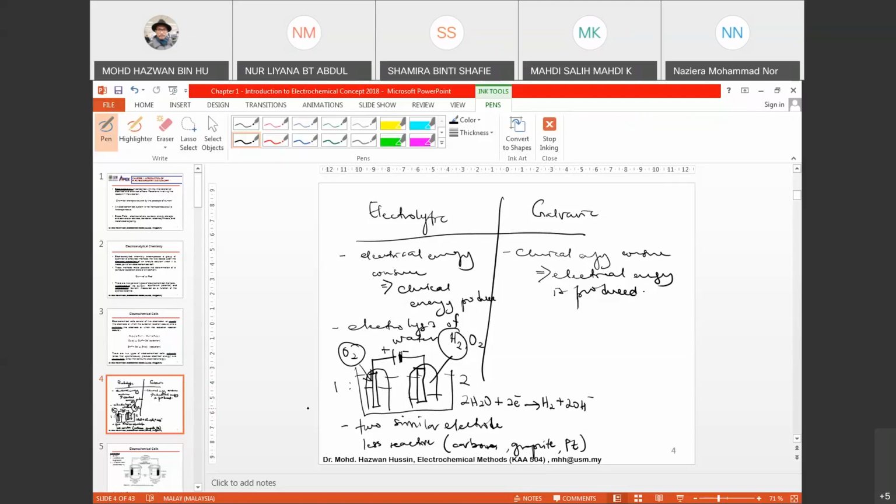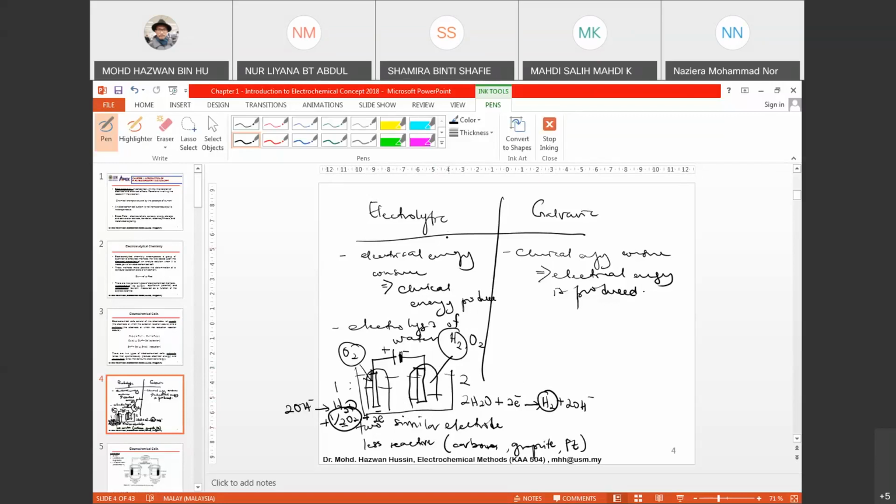Meanwhile over here, the reaction will be 2OH minus produce water, H2O, plus half oxygen plus electrons. You'll see that over here, 1 electron and half oxygen versus 1 mole of hydrogen. So this is where the stoichiometry plays a role to determine the volume of gas produced.